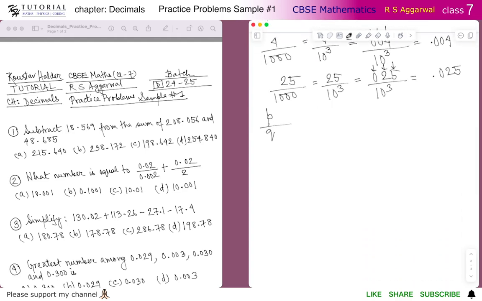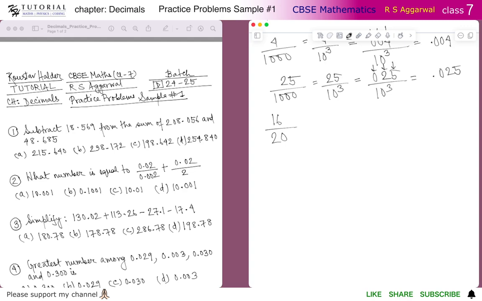Let's say you are asked to convert this. You can easily find it by doing a long division, but sometimes it is easier if you follow this step. You can clearly see that this is not a decimal fraction. The denominator 20 is not a power of 10.